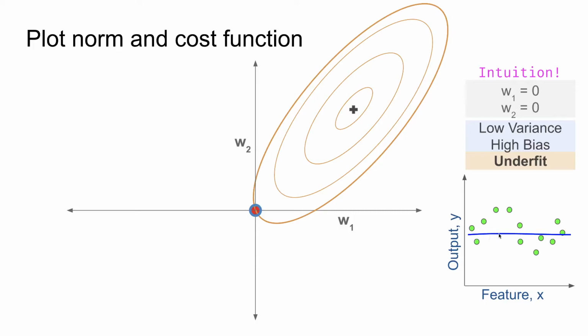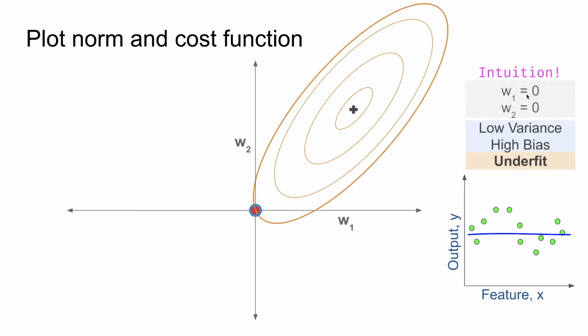The fitted model in blue line now barely goes through the data points, and it does not do a good job of generalizing or catching the information from that data. So this is a high bias case, as seen here, and the values of W1 and W2 fall close to 0.